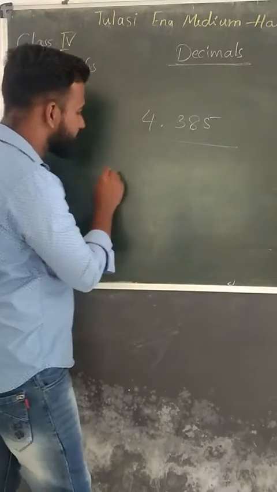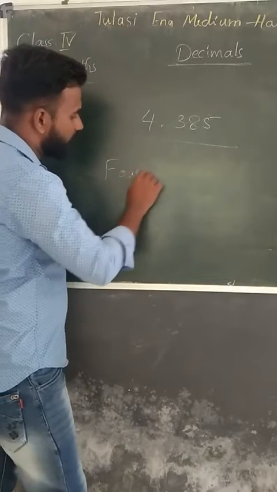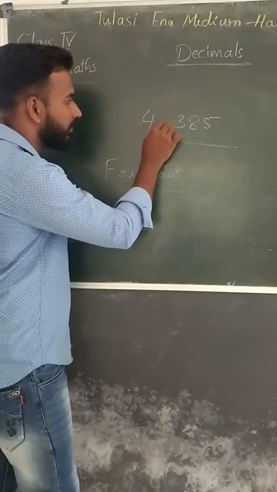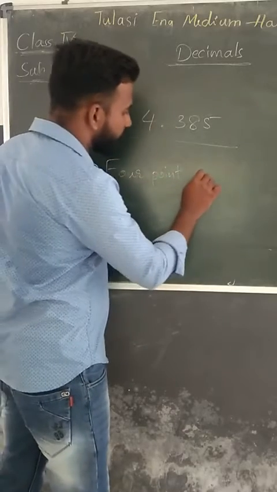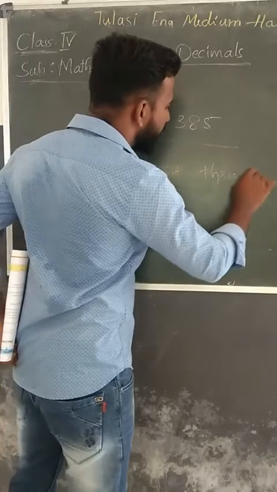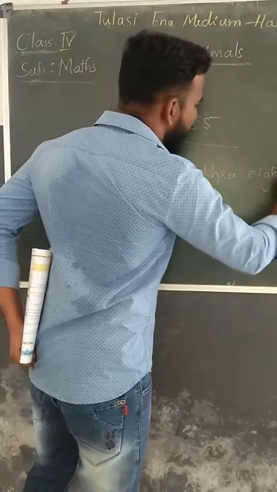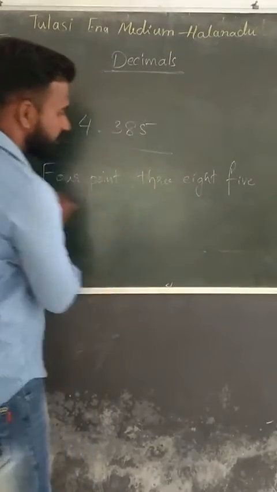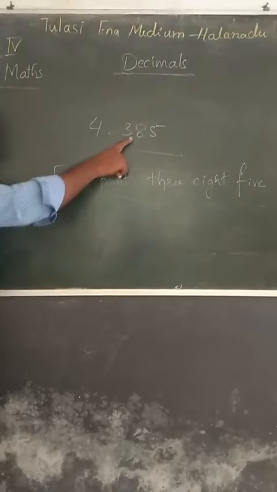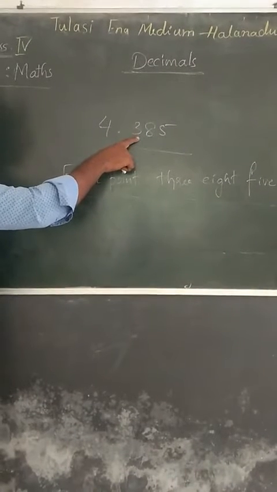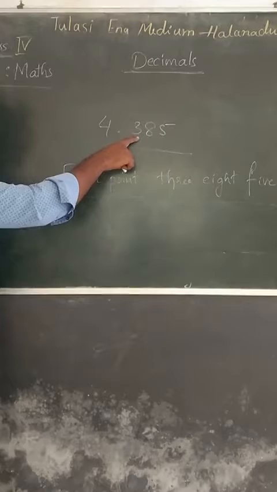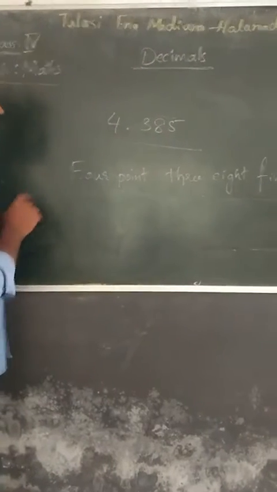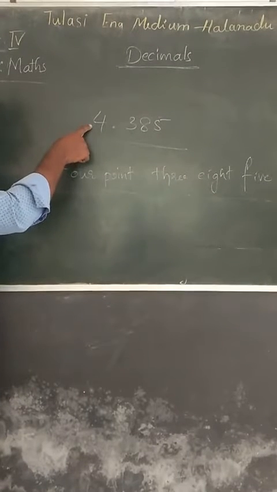So we have to read this as 4 point, in the sense it is the decimal point, 3 8 5. After the decimal point we have to read it digit-wise, 3 8 5. But the integral part we can read however.